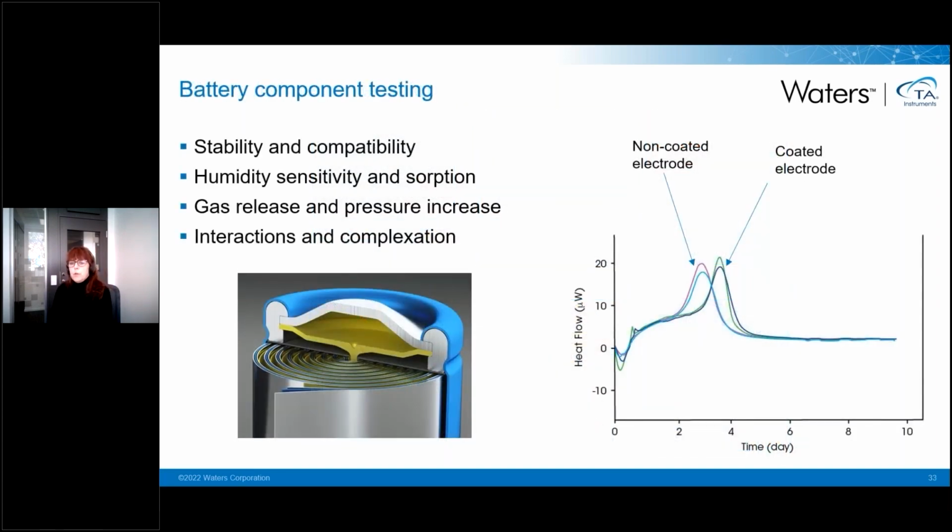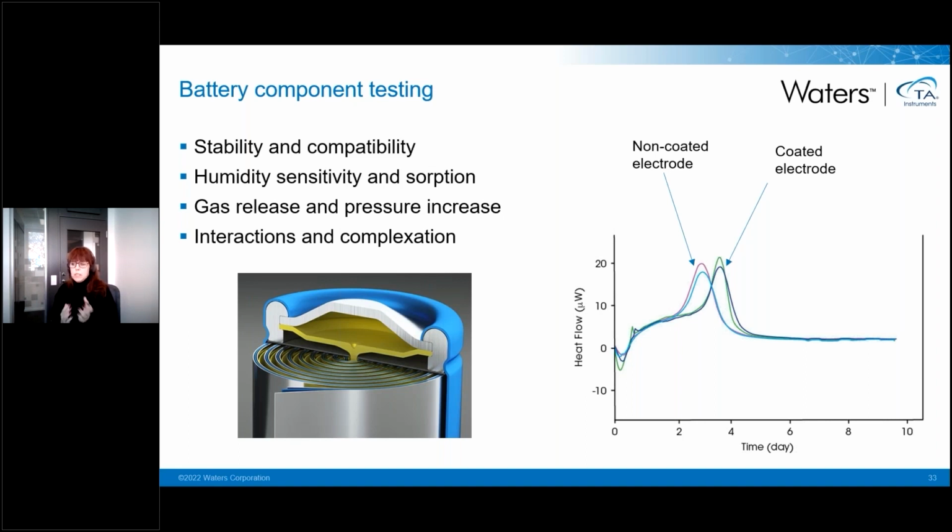So just to show an example of battery component testing, we measure stability and compatibility, and then we have a curve here where we measure the heat flow of one non-coated electrode and a coated electrode. We can put the whole assembly or the sample only into the calorimeter.